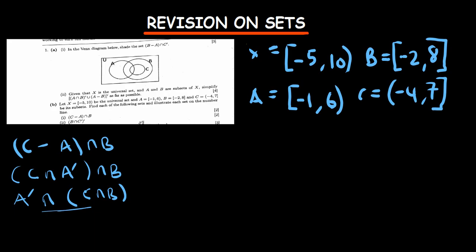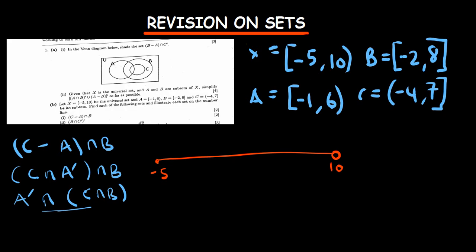So how do we do that? It's good to see exactly what everything looks like plotted on the number line, to have an idea. I have the universal set, which is x. At the far positive end it is 10, and it is open at 10. At the other far end it is closed, going to negative 5.